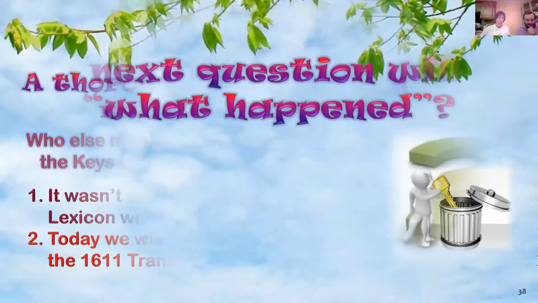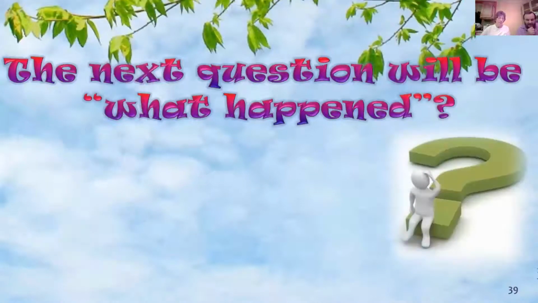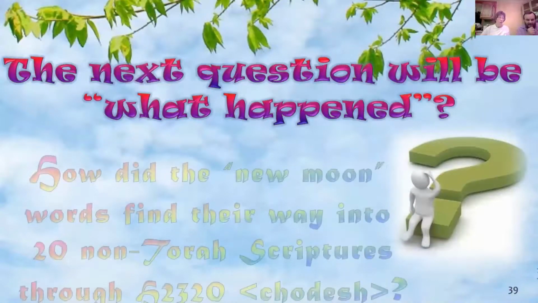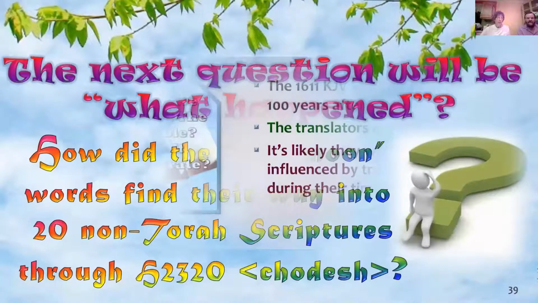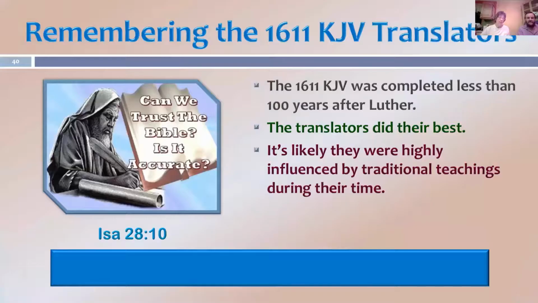And the next question will be, what happened? How did the new moon words find their way into 20 non-Torah scriptures through this Kodesh 2320? Just exactly how did that happen? But we want to remember that the 1611 translators really had a big work to do, and their work was completed less than 100 years after Luther.